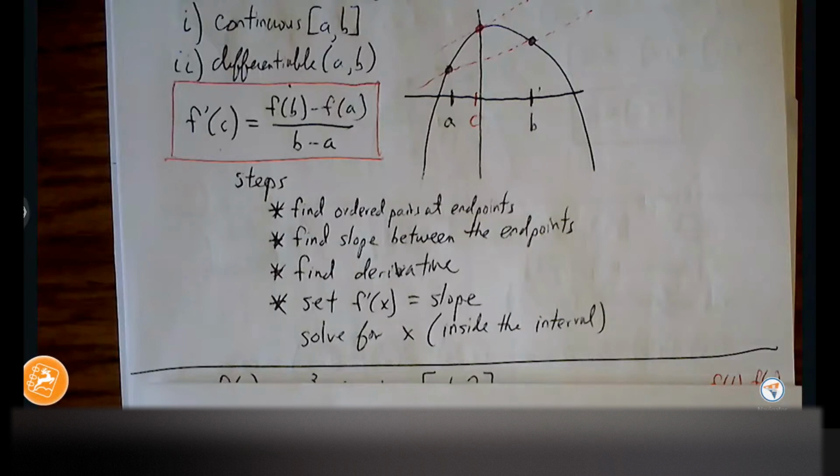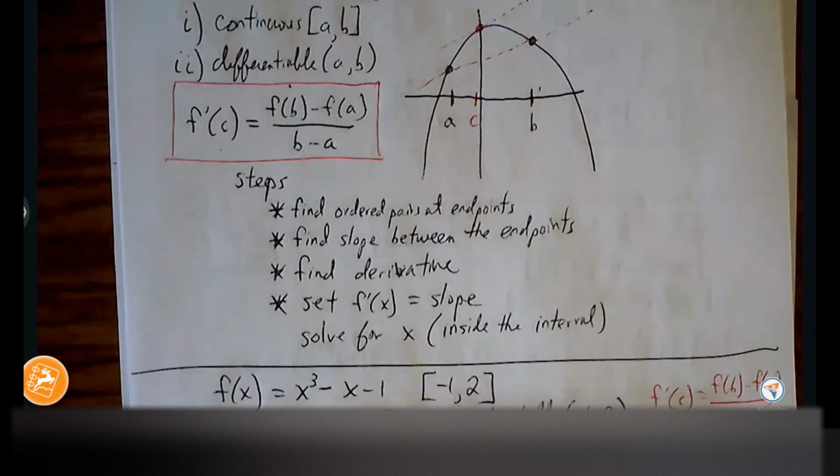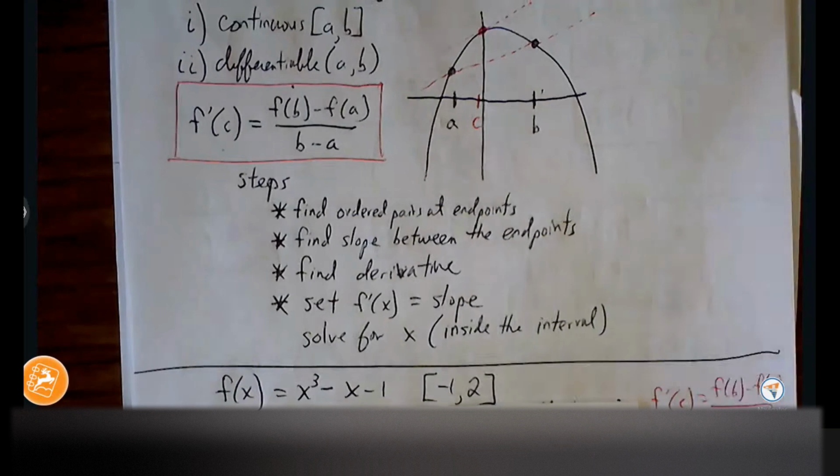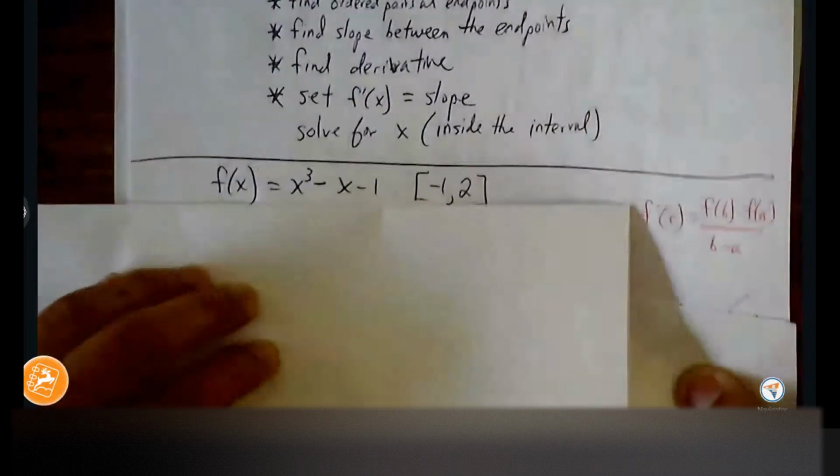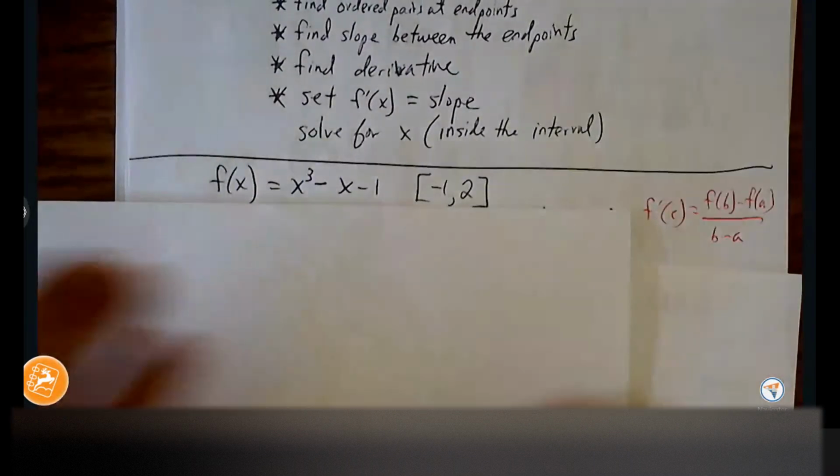Okay, so let's do a practice problem with that. Mean value theorem example.